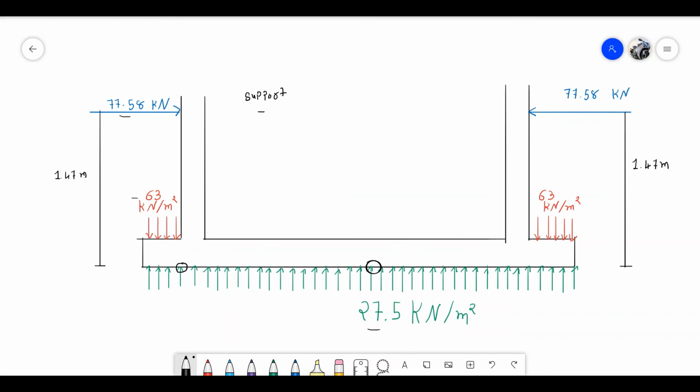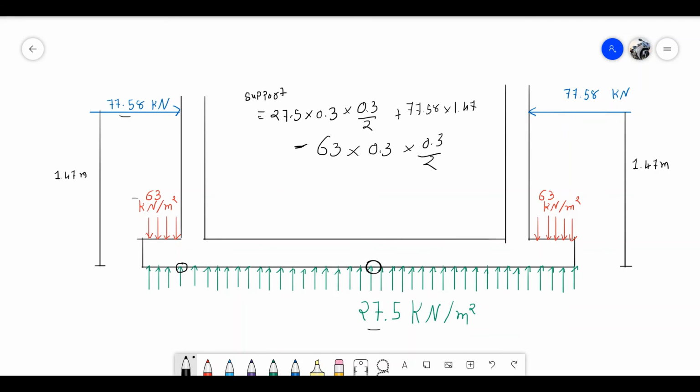At the support, the moment is 27.5 multiplied by 0.3 as a load, but it acts at half distance, so 0.3 by 2, plus 77.58 into the distance 1.47, minus 63, the downward load, into 0.3 into 0.3 by 2.